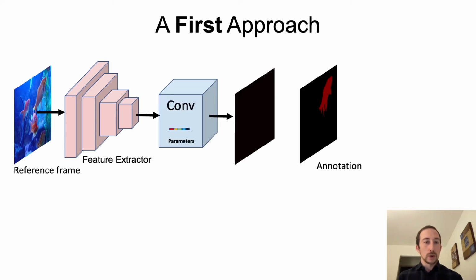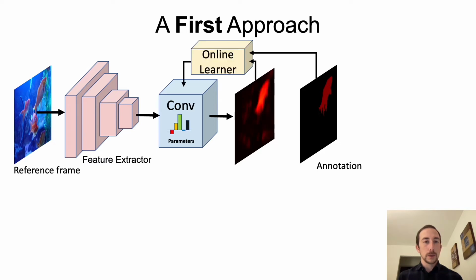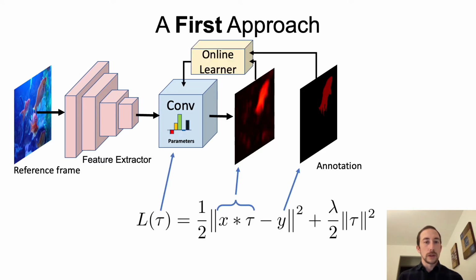Then we want to online learn the weights of a single convolutional layer that outputs the final predicted mask. So again, we do this with an online learner. Here we minimize the difference between the predicted mask obtained by one convolutional layer and the annotated mask y.